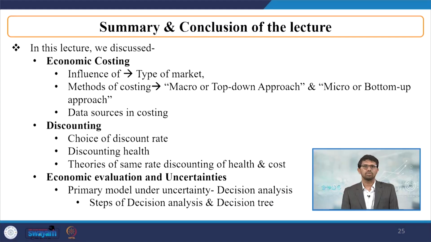We also discussed data sources in costing. Then we emphasized discounting, the choice of discounting rate, discounting health issues as against normal projects, then theories of same rate discounting of health and their cost. And we also emphasized economic evaluation and uncertainties, where decision analysis is emphasized.